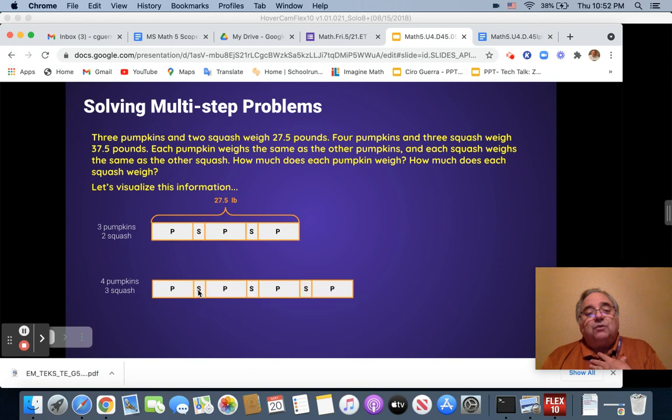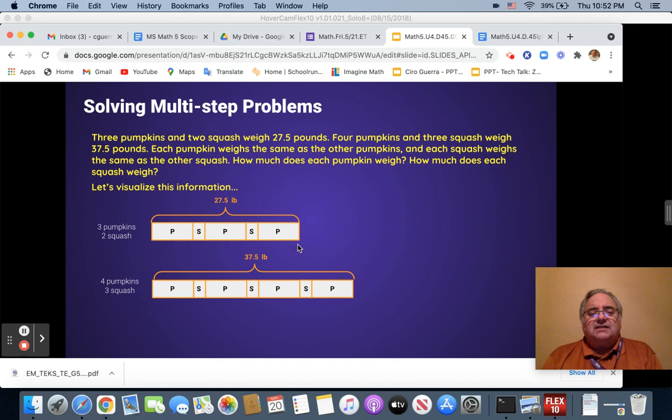So I'm going to do pumpkin squash 1, pumpkin squash 2, pumpkin squash 3, and that leaves one more pumpkin, which is right here. But you know what? It's almost the same as this up here, except I added a squash and a pumpkin. That total is 37.5.